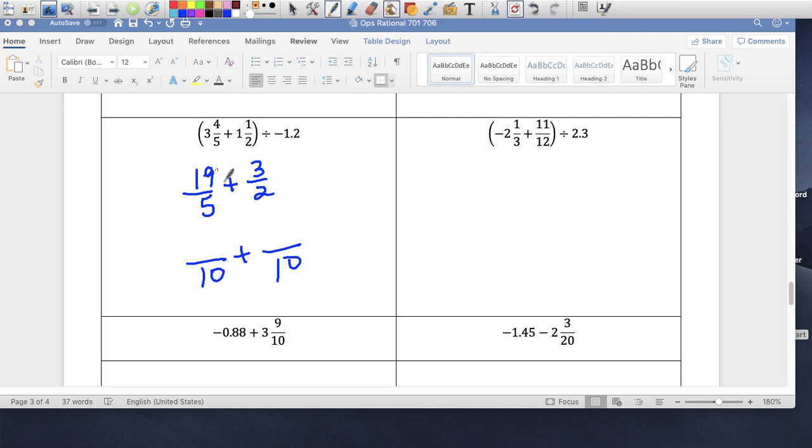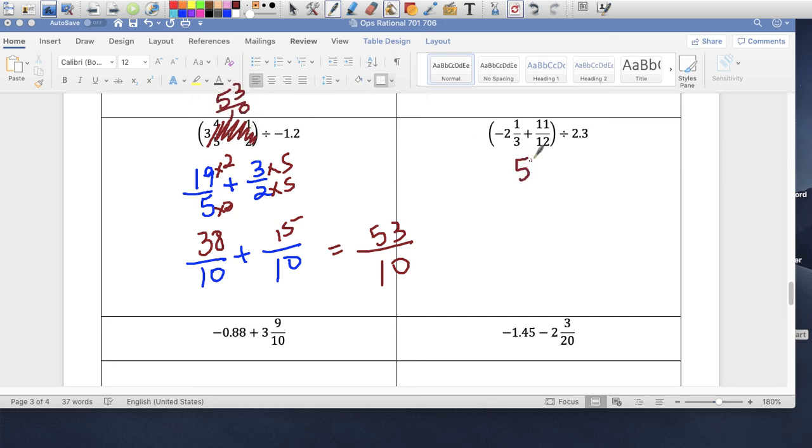This was a times 2, so therefore times 2 over here is going to give me 38. Times 5 over here, so times 5 is going to give me 15. If I add this, it's going to give me 53 over 10.